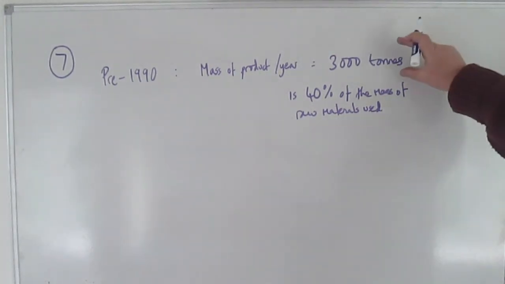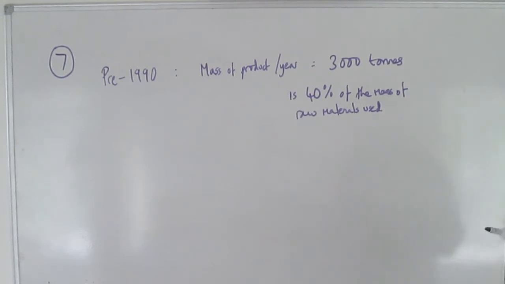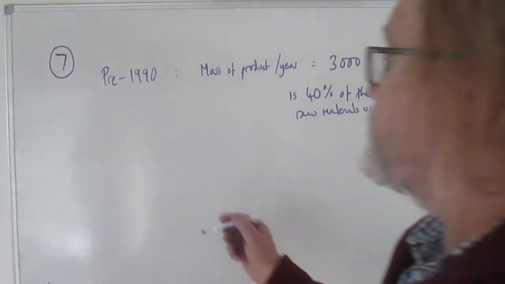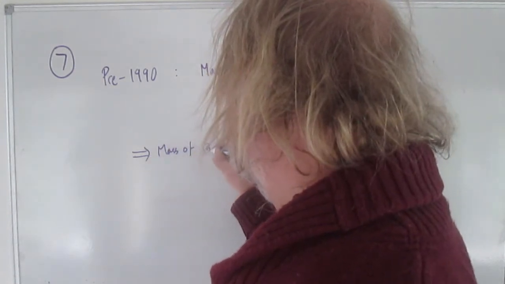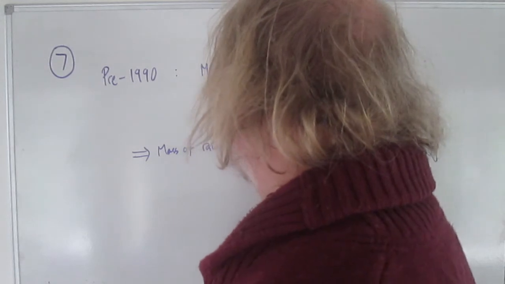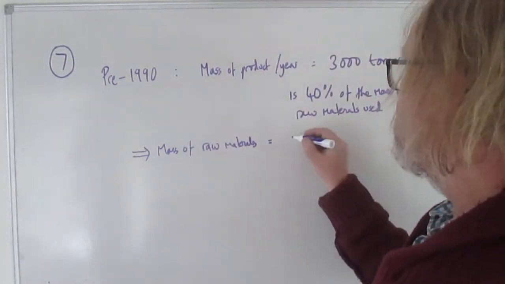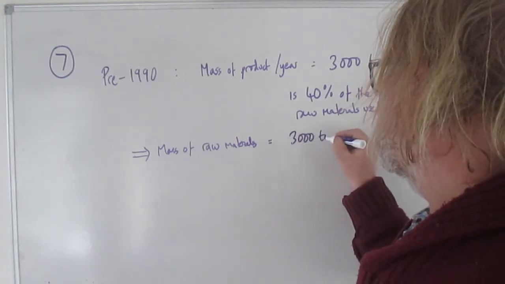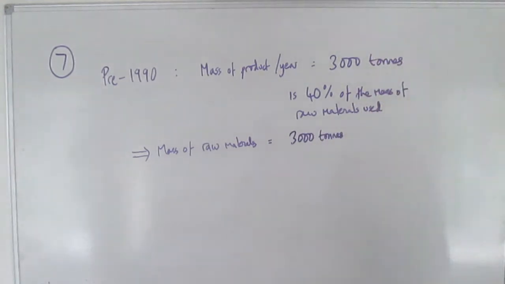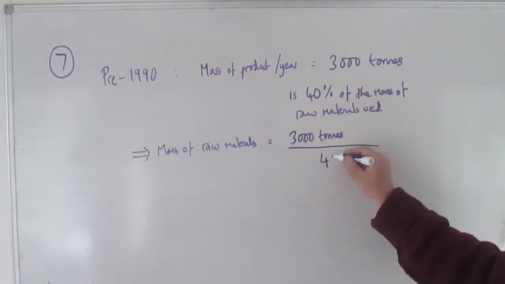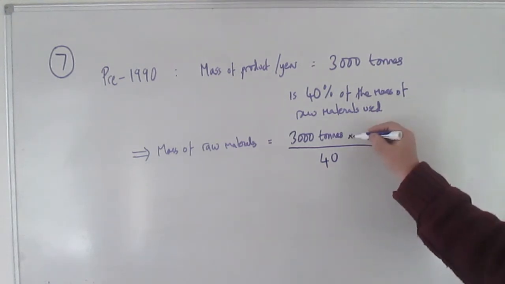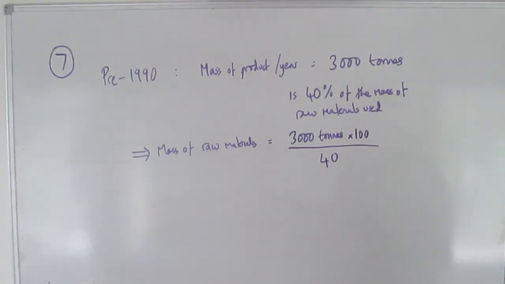That 3,000 tons of product is produced, and that's only 40% of the mass of raw materials used. So that means that we can calculate the actual mass of raw materials is equal to 3,000 tons. And then if you divide that by 40, remember that's 40% of the total, that gives you 1% of the total, and then if you multiply by 100, that gives you 100% of the total mass.